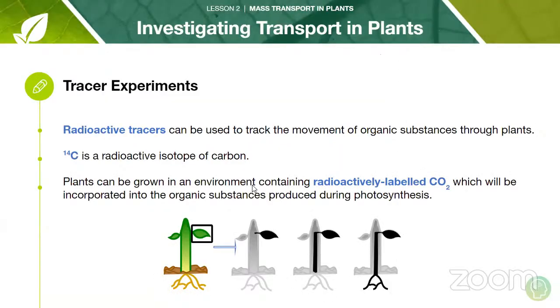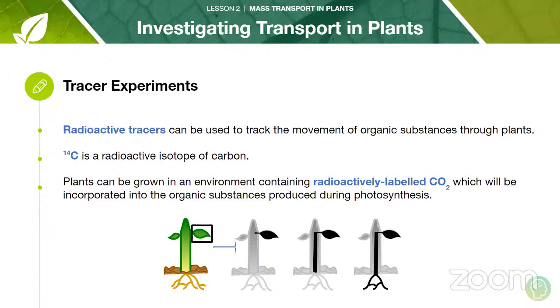Tracers and ringing experiments. So how did we prove that this was the way that things were happening? Well, we used radioactive tracers. They basically helped to track the movement of organic molecules through plants. Carbon-14 is a radioactive isotope of carbon. So plants can be grown in an environment containing radioactively labeled CO2, which is then incorporated into the organic substances produced during photosynthesis, like the sugars.